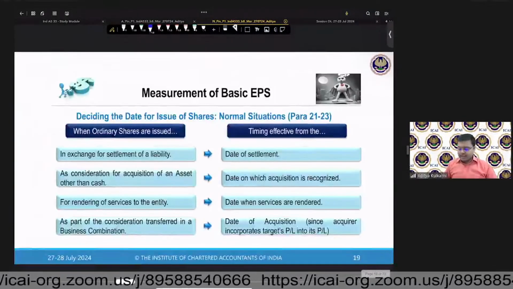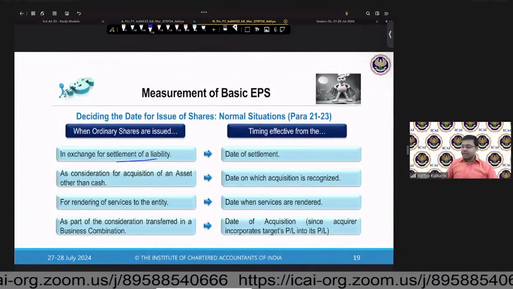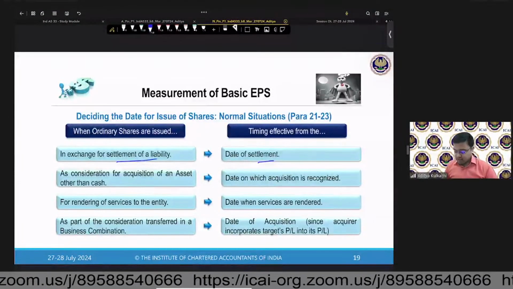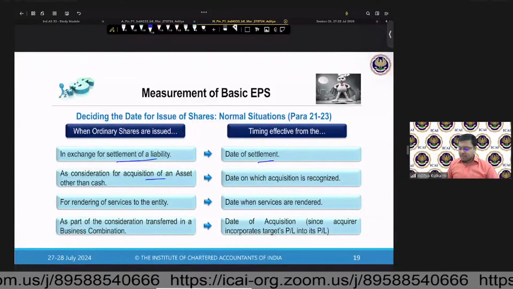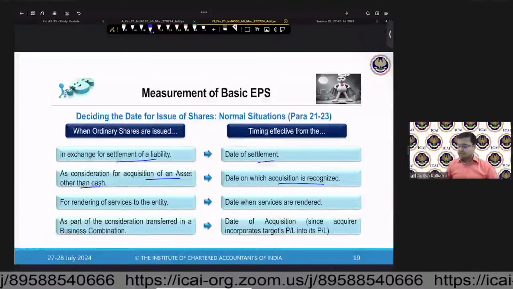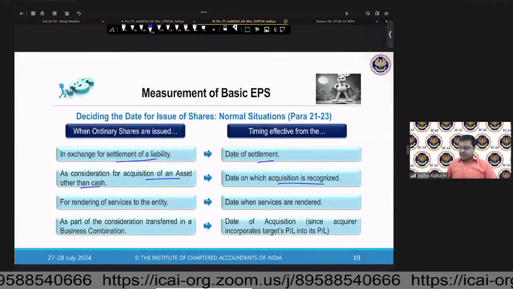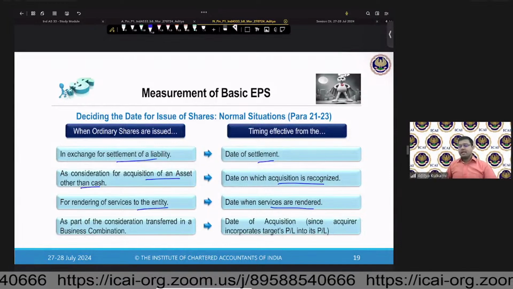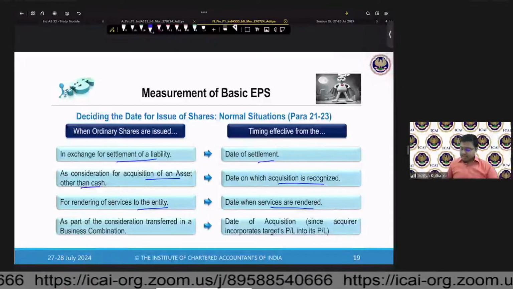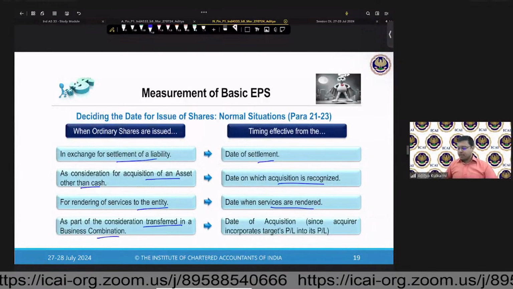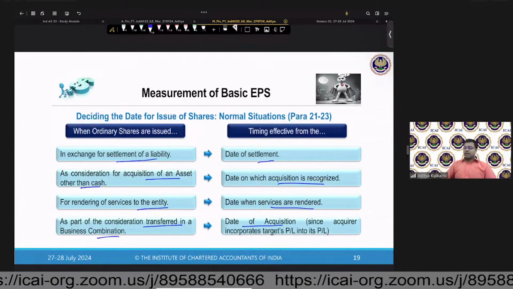In exchange for settlement of a liability, the date of settlement will be the date you will consider for weighted average number. As consideration for acquisition of an asset, the date when the acquisition is recognized. For rendering of services, you are going to pay them equity, the date when the services are rendered. As part of consideration transferred in a business combination, it will be with effect from the date of acquisition.